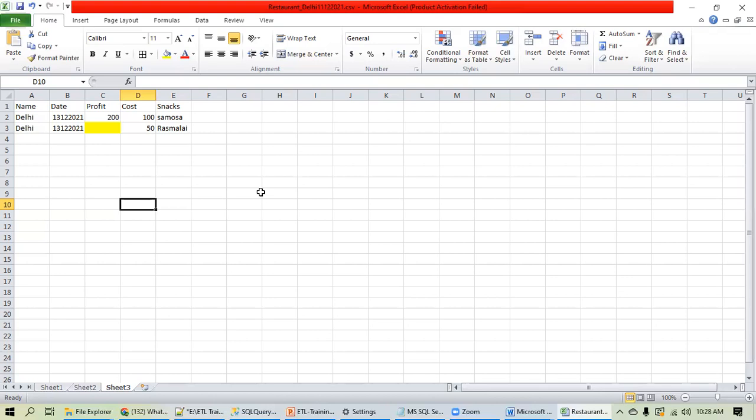This is the requirement. The manager at the Delhi restaurant has sent me this data. The question here is that by mistake he forgot to add the profit. That can be any mistake, technical or human; I'm not commenting on that, that's a different topic of discussion.